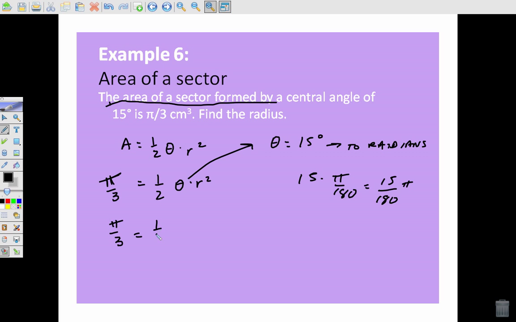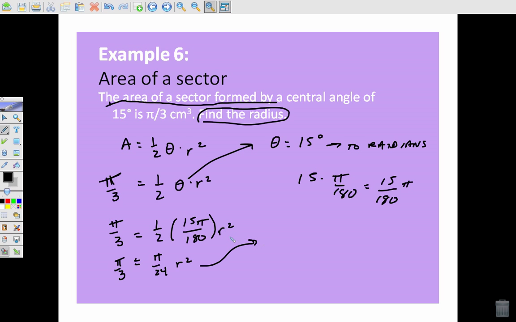So when I plug that back in, I get pi over 3 is equal to 1/2 of 15 pi over 180 times radius squared, because that's what I'm finding. I'm finding the radius. So I've got pi over 3 equals. Now, when I'm doing this fraction, what I'm going to end up with is pi over 24 times radius squared.